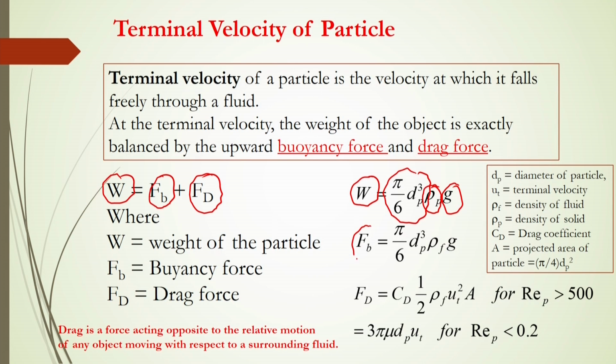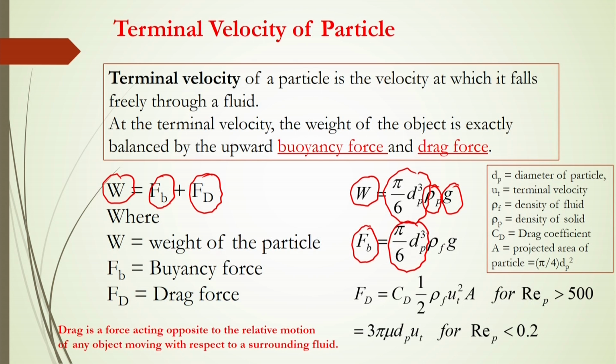And F B is the buoyancy force. What is buoyancy force? It is the force applied on a particle by the fluid. It depends on how much volume of fluid is displaced by the particle, and of course, the volume of the fluid displaced is the volume of the particle, pi by 6 into dP cube.